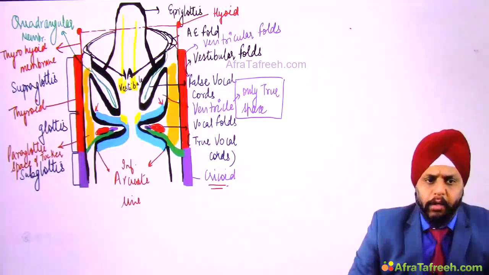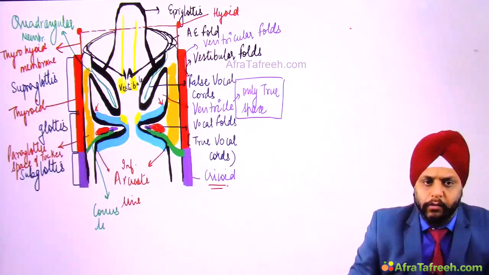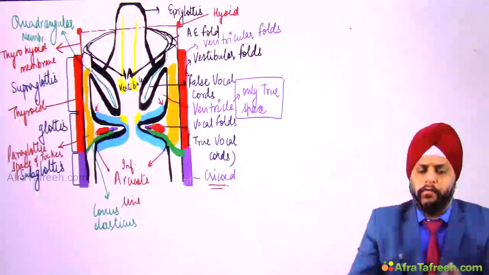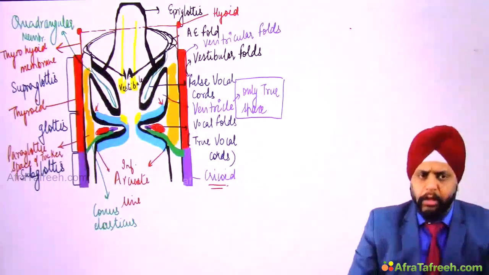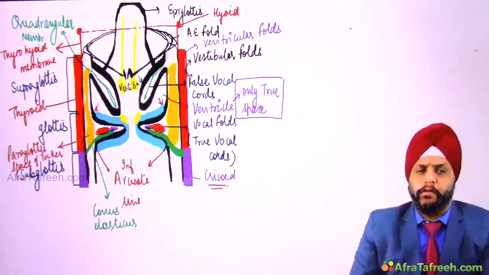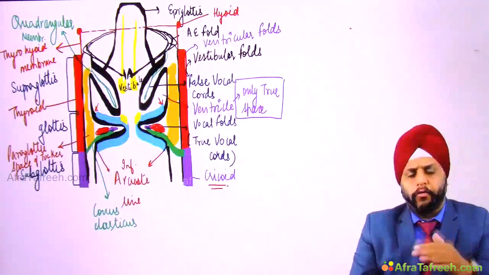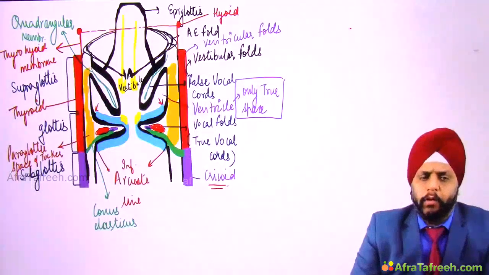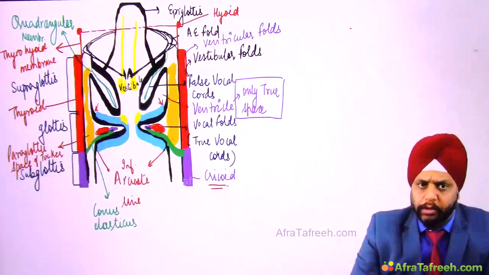It is known as conus elasticus. It lines the inferior surface of the vocal folds, as you can see. We call it conus elasticus, and it forms the inferior medial boundary of the paraglottic space of Tucker.